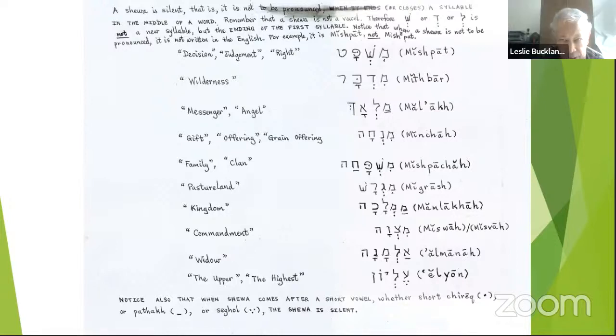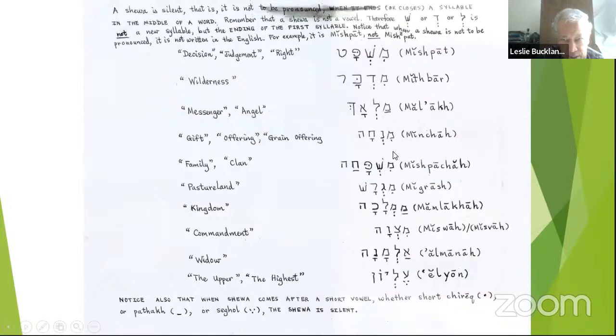If you have the simple shiwa coming after a short vowel, this is a short vowel, a, the short I, a, the simple shiwa is not to be pronounced.